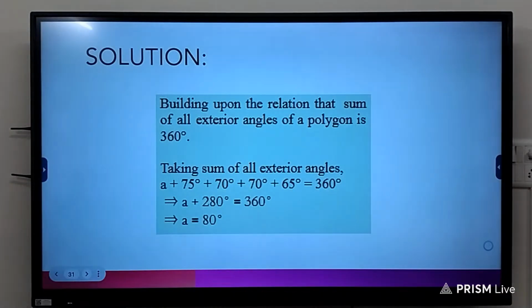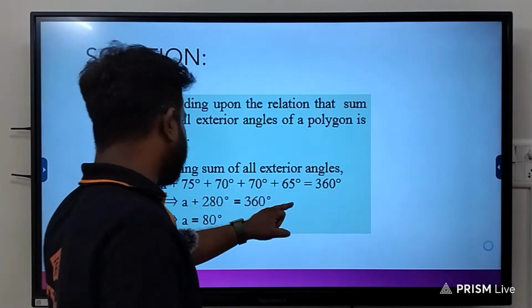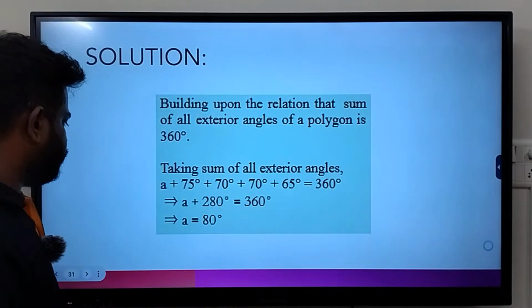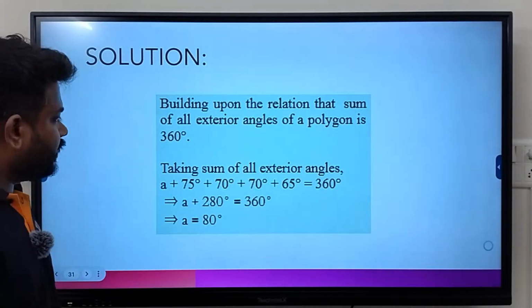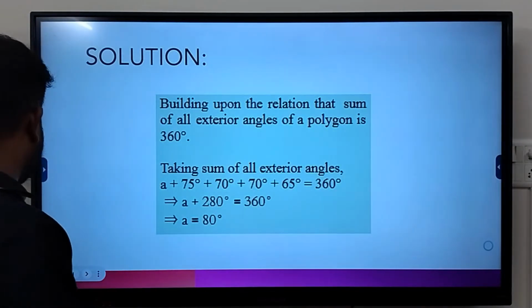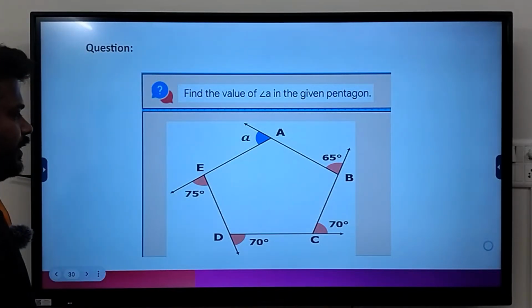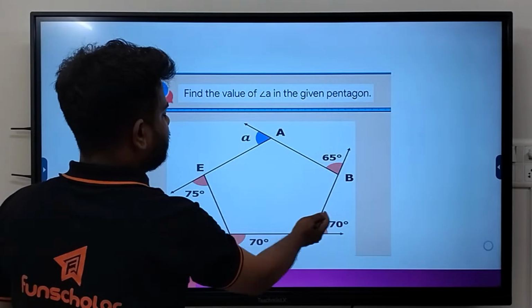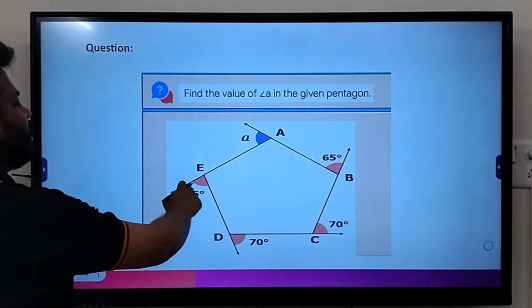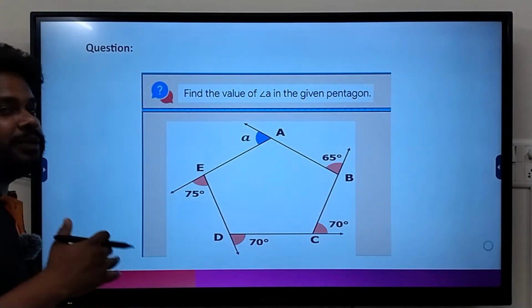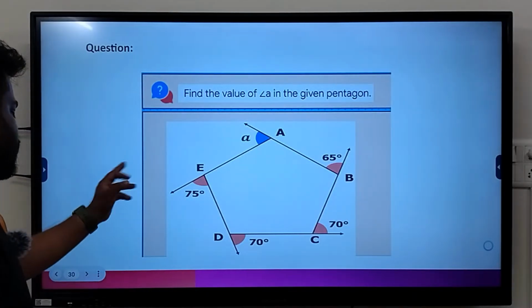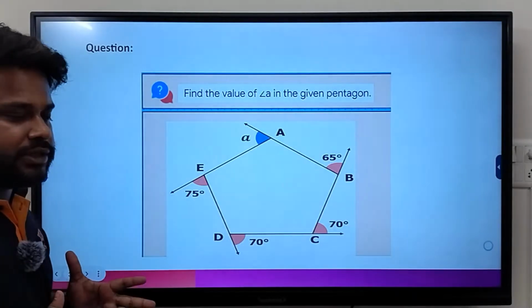So it will be 140, and 140 plus 140 will be 280. So 360 minus 280 will be 80, right? Yes, we made a little mistake by adding these numbers. You can also do 70, 70, 140, and 75 and 65 also becomes 140, and just subtract it from 360 to get the answer.